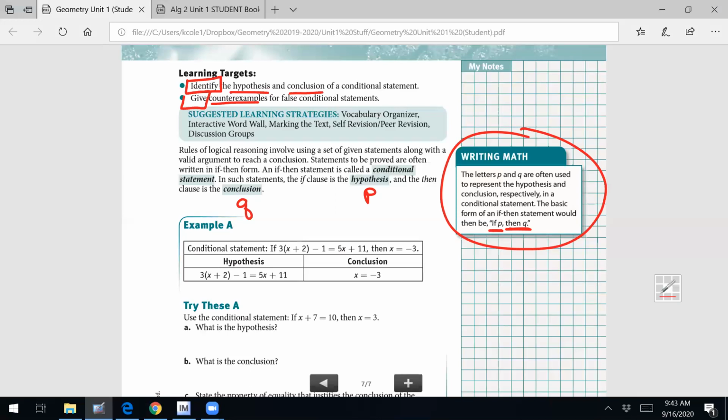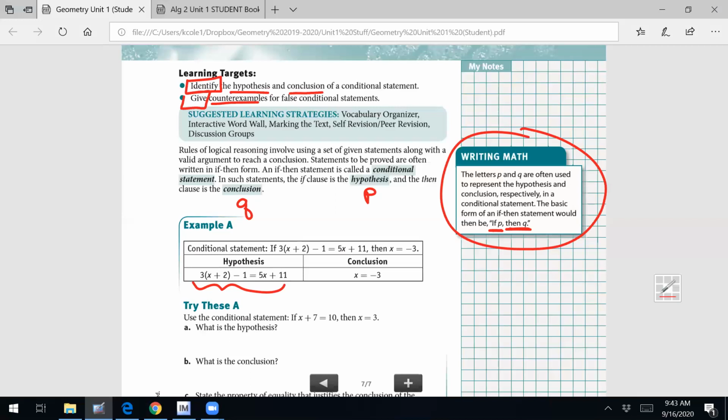So here's our first example. If we look at example A, the conditional statement says if 3(x + 2) - 1 = 5x + 11, then x = -3. So this is my hypothesis. Okay, that's my if statement.